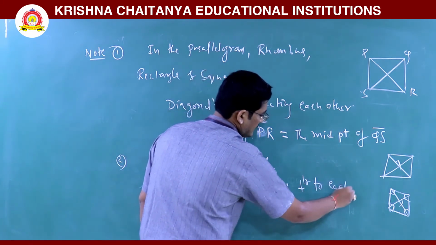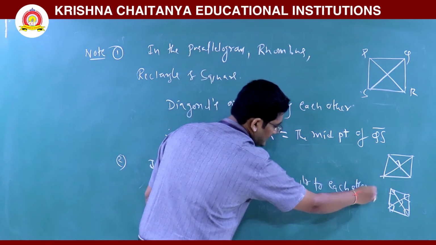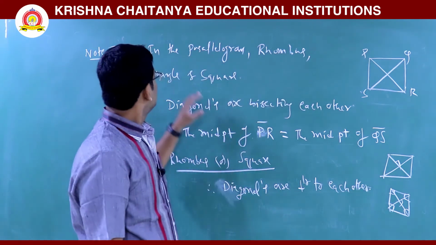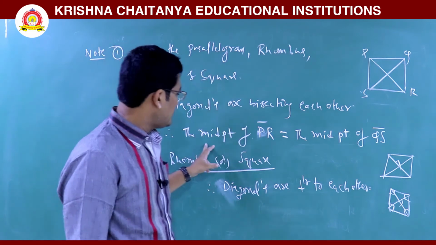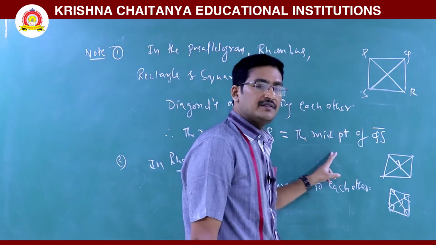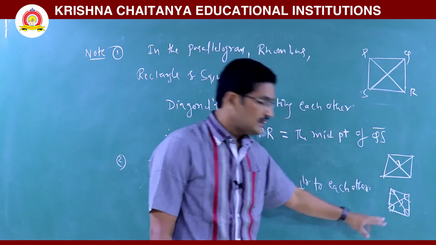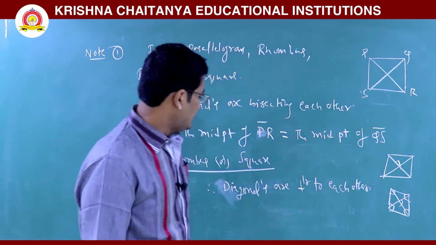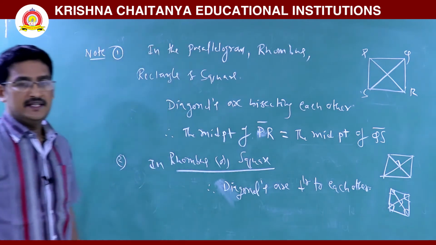That is one more condition followed by square and rhombus. So in all these four quadrilaterals, the midpoint of one diagonal is equal to the midpoint of the other diagonal. In these two only, square and rhombus, the diagonals are perpendicular to each other.